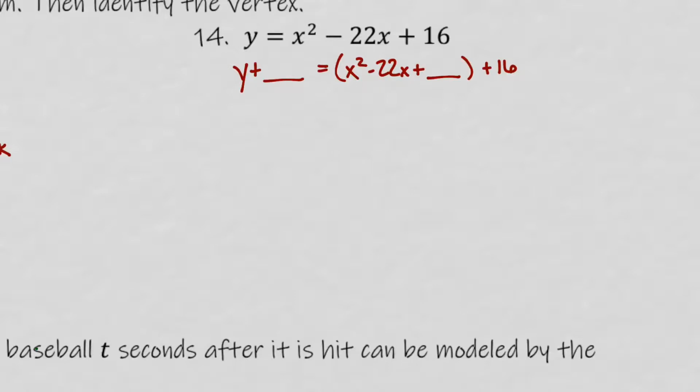So half of negative 22 is negative 11. Then I square that, and I get 121. Then I have to add it to both sides. If I do it to one side, I have to do it to the other.